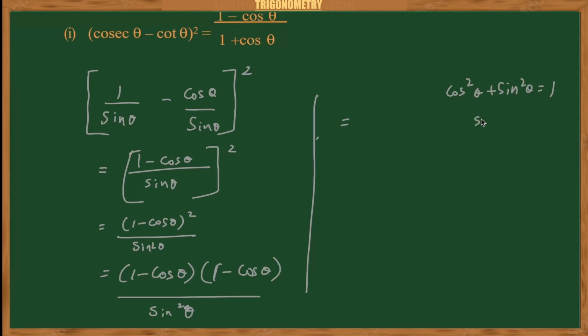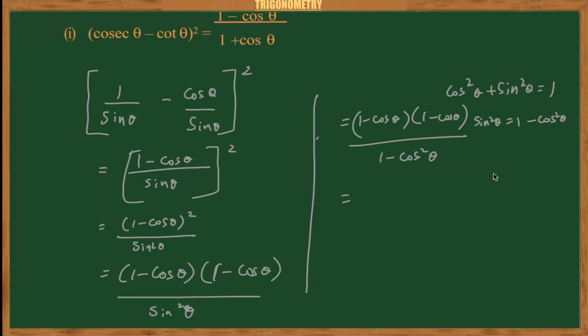So sin square theta is equal to 1 minus cos square theta. If you put it, everything will become in one format. So 1 minus cos theta into 1 minus cos theta divided by 1 minus cos square theta.